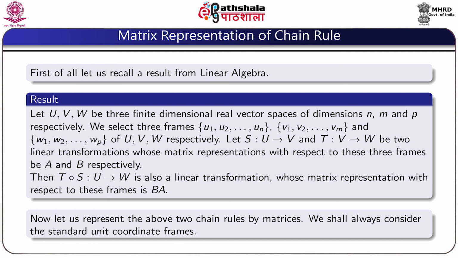We assume the matrix representations for S and T with respect to these three frames to be A and B. Then T compose S from U to W is another linear transformation whose matrix representation will be B A.